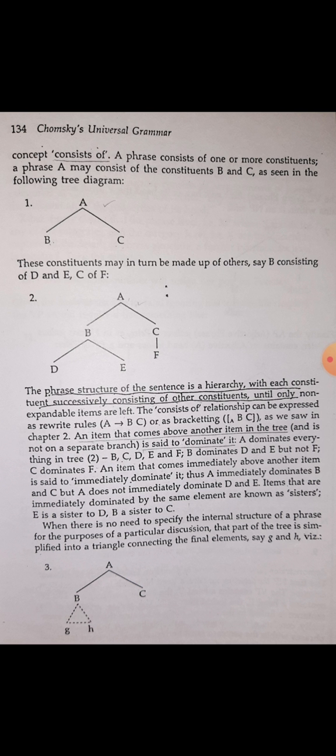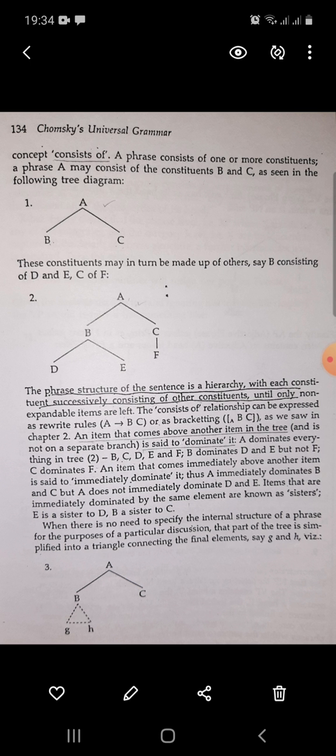Though A is also dominating the rest of the elements like D, E, and F, because it is above those levels, but in order to see the parenthood and the sisterhood of the items, we won't consider those items which are not immediately dominated, which are on some further level than the immediate one.